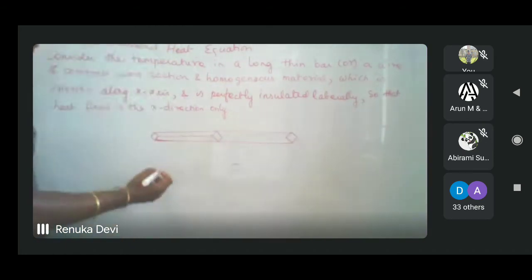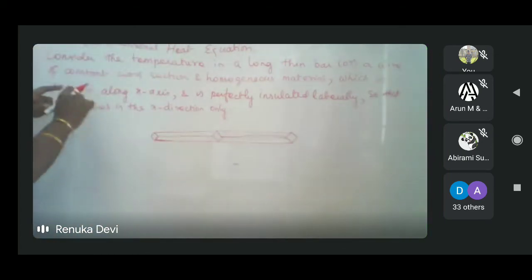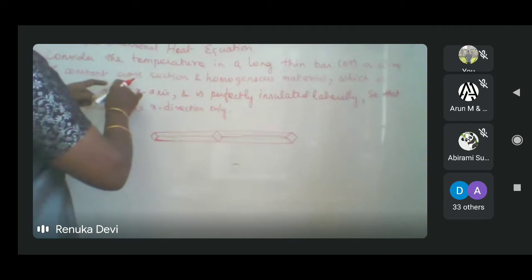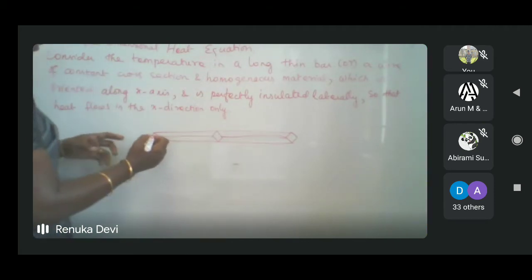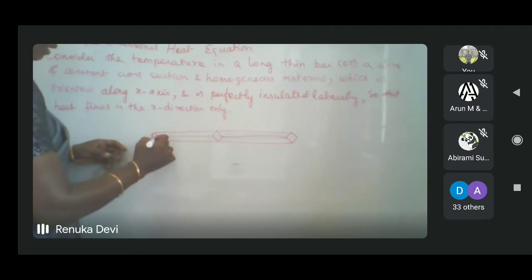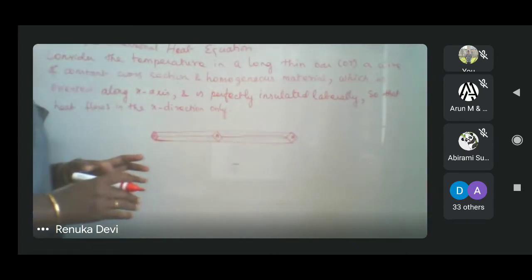So if you consider the cross section, what is given? The cross section is constant. Why the constant cross section? In the sense, the thickness or the area is the same everywhere.